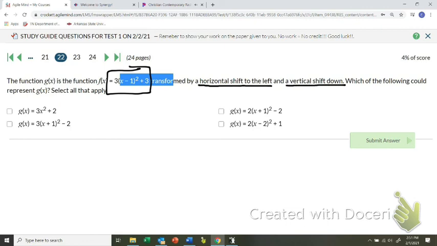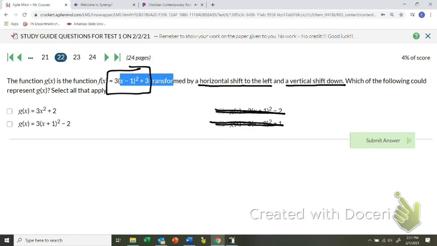Does it say anything about the A value changing, meaning it gets wider or more narrow? No. So the ones that have a different A value need to be what? No, can't use them. Sorry, couldn't hear you. We can cross them out, because it completely changed the A value.